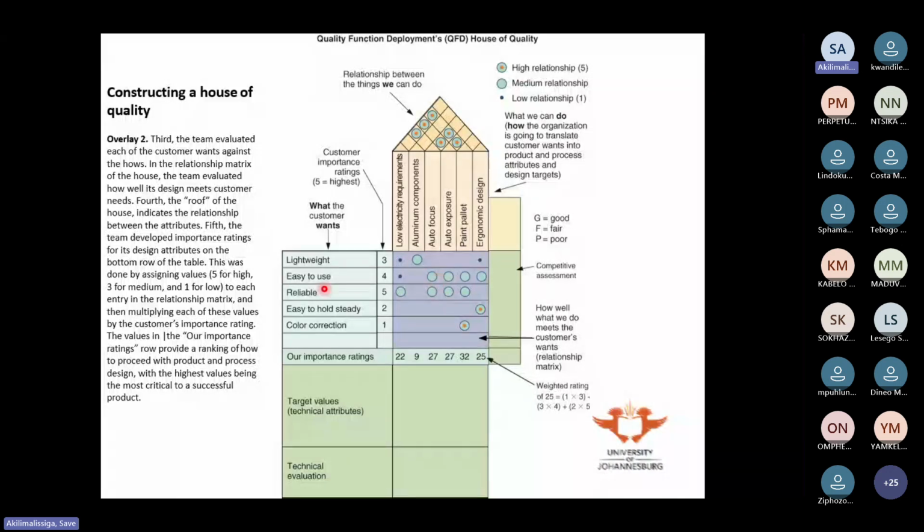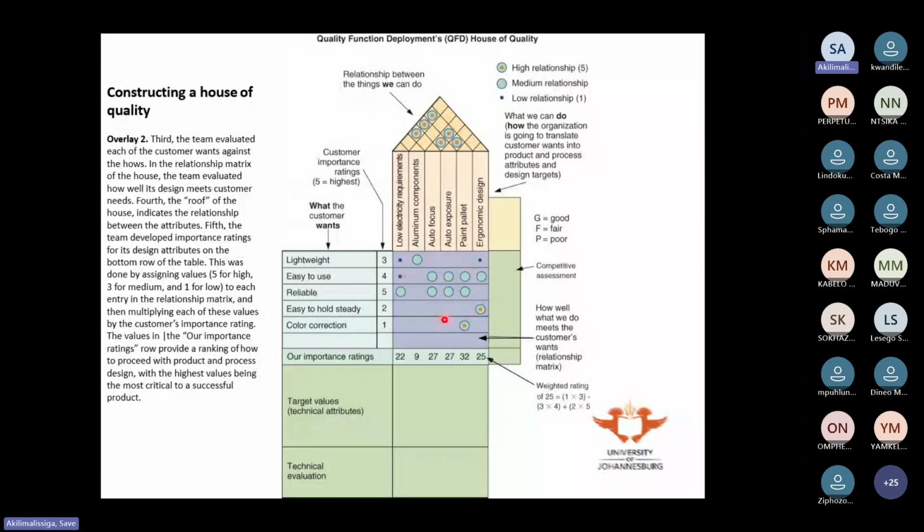You follow the same process for all the remaining customer wants here. So you have to fill them, right? If there is a relationship, you put the appropriate symbol. Now, you can see here you only have the symbols or the signs.